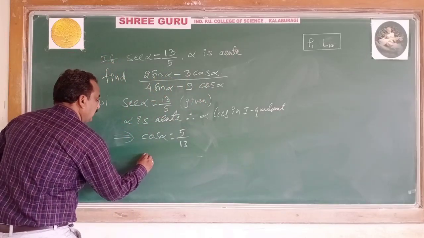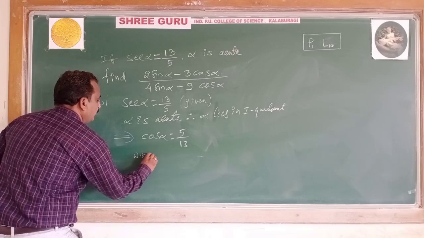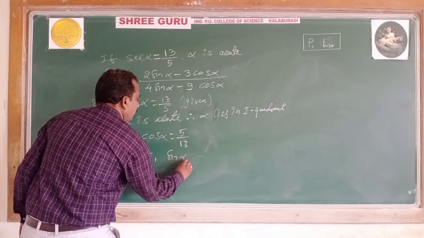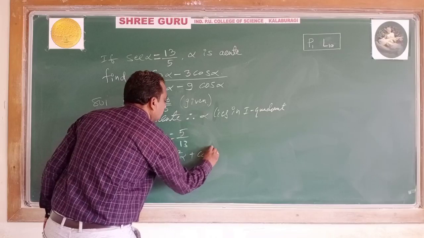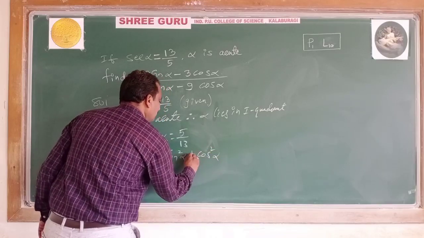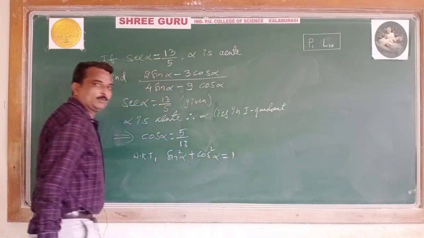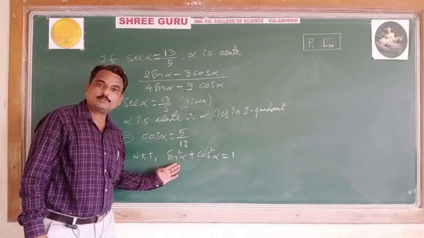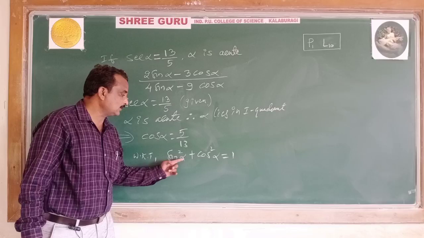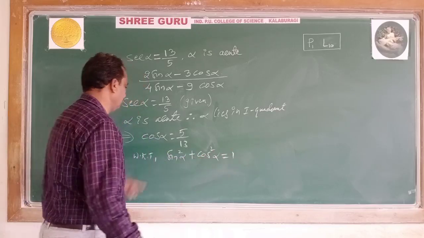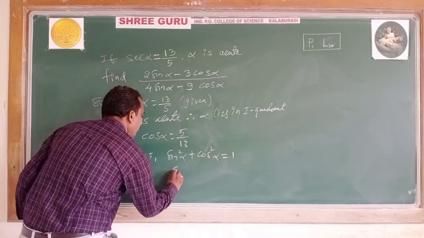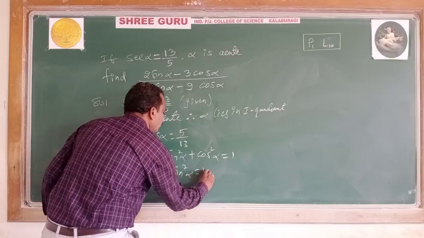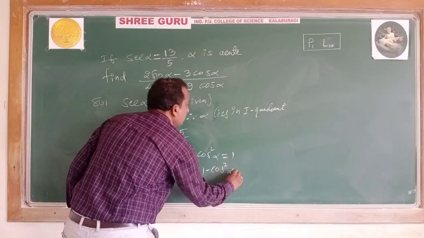Here I will use the identity. We know that sin square alpha plus cos square alpha is equal to 1. Since we have cos alpha, sin square alpha is equal to 1 minus cos square alpha.